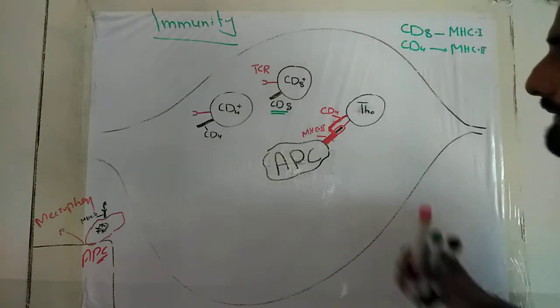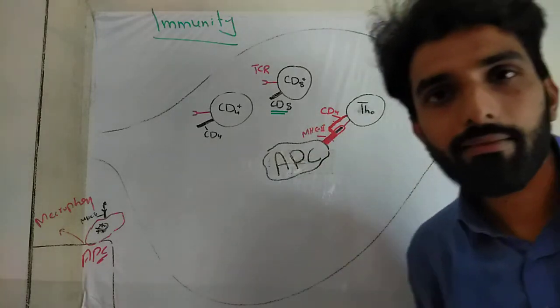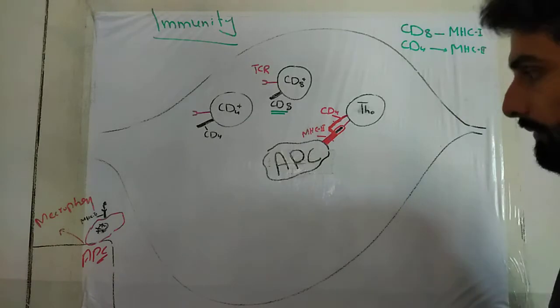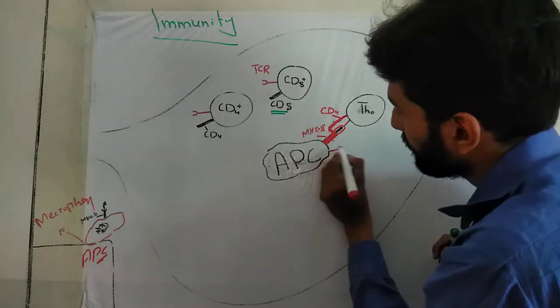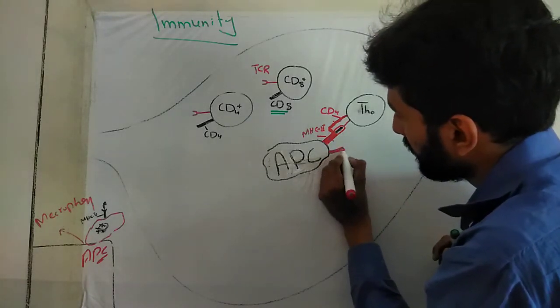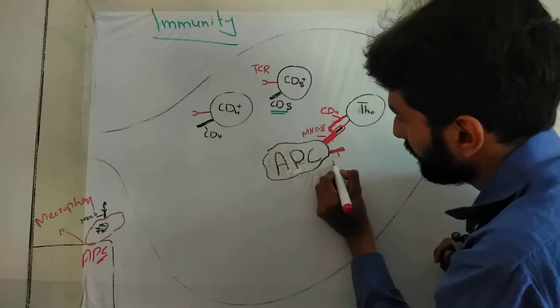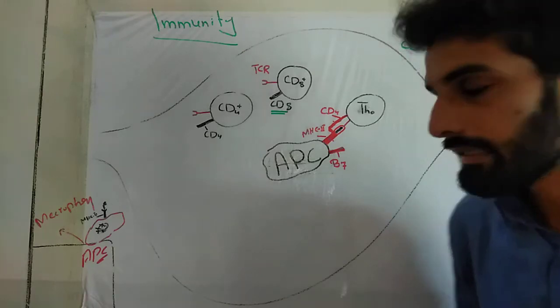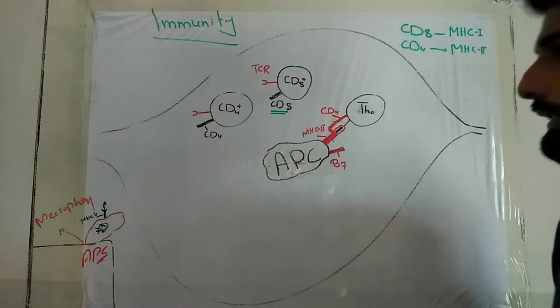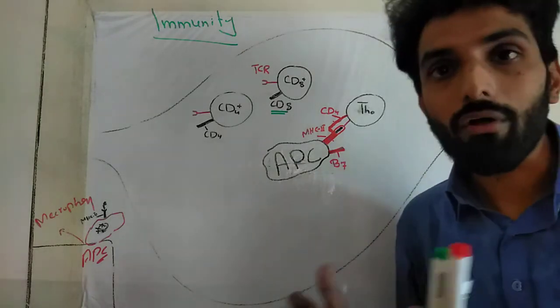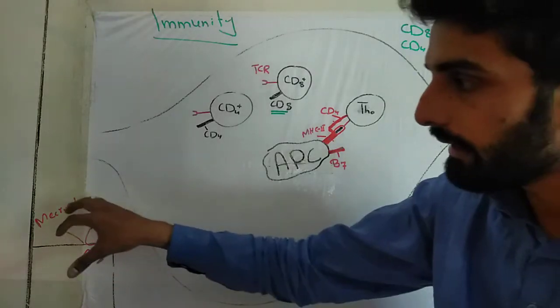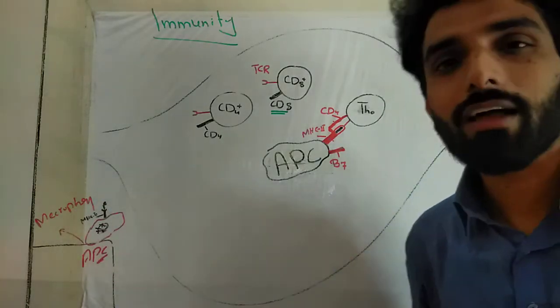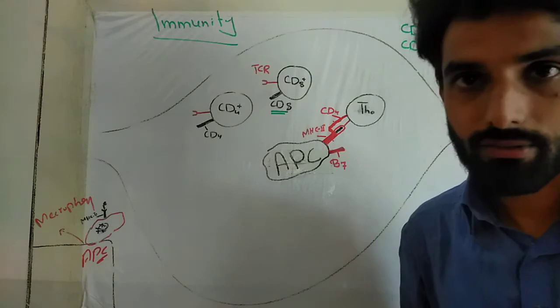Now, there is another protein present on the APC, and this protein is called B7 protein. B7 protein will express on these APCs when they engulf and phagocytose the foreign pathogen.